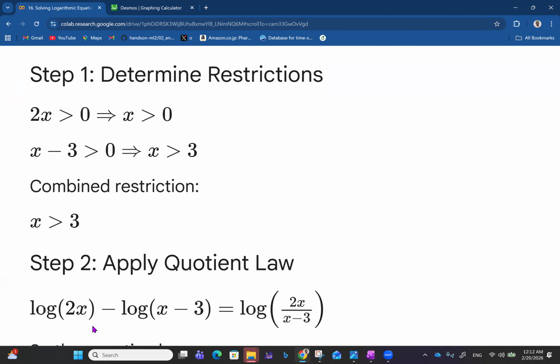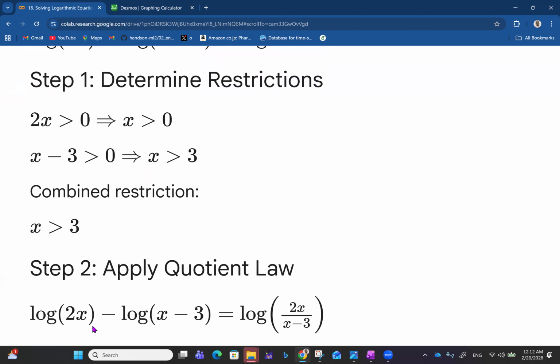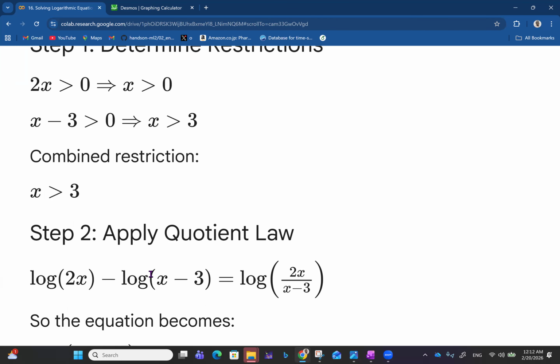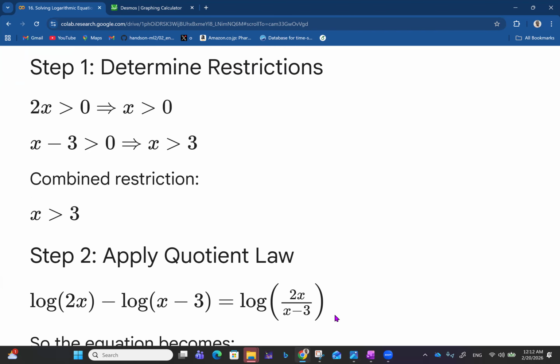So if that is the case, we can go ahead and apply the laws. Now log 2x − log(x − 3) can be written, applying the quotient rule because it's subtraction, as log(2x/(x − 3)), which equals log 4.